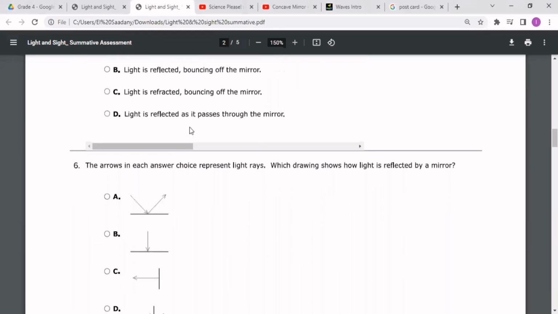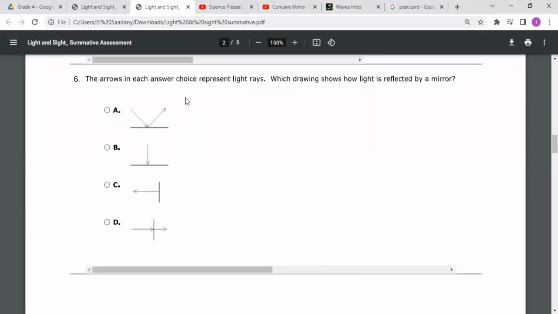Question number 6. The arrow in each answer choice represents the light rays. Which drawing shows how light is reflected by the mirror? Look at the drawings here, A, B, C, and D. Here the light falls on the surface, and then it bounces off it.